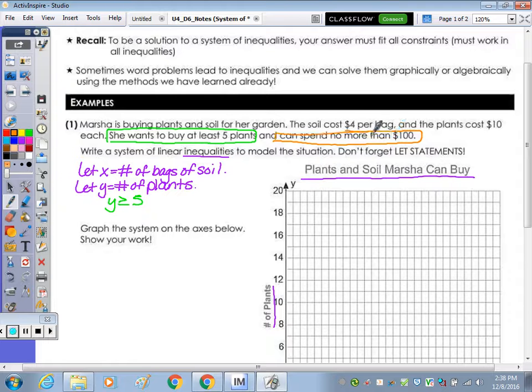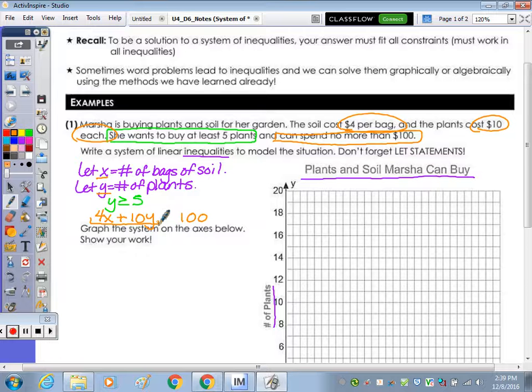The other statement, she can spend no more than $100. Well, the spending comes from here. $4 per bag, and the plants are $10 each. So $4 per bag of soil, which is x, and then $10 per plant, which is y. How does that compare to 100? She wants to spend no more. So this over here is the amount that she's spending.